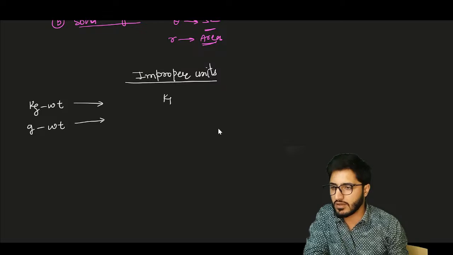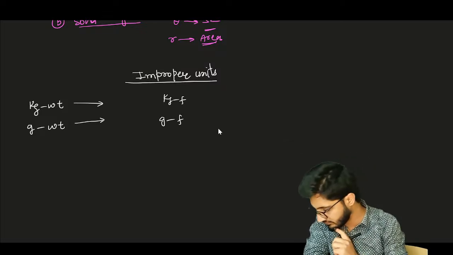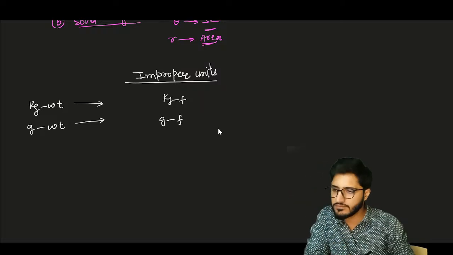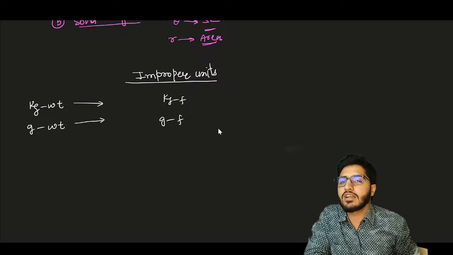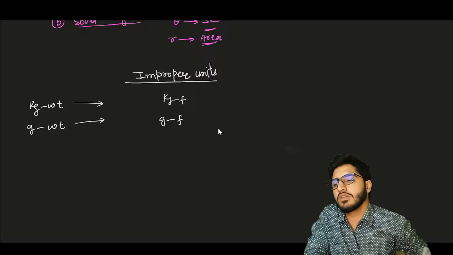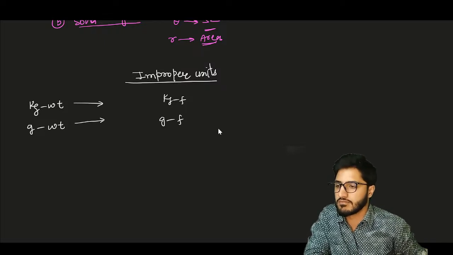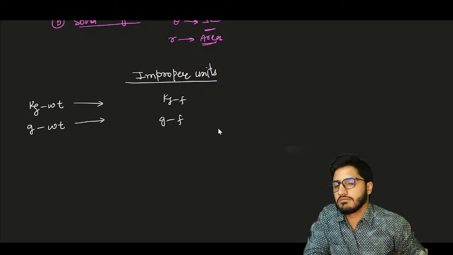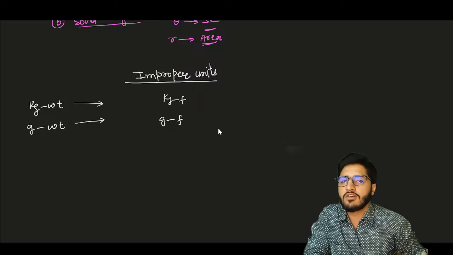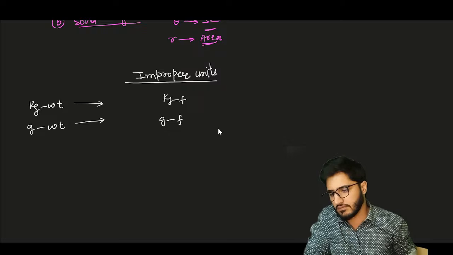Or we are having kilogram force or gram force. So these are practical units of force, right? Kilogram weight is 9.8 Newton, gram weight is 980 dyne. Just like kilogram force is 9.8 Newton, gram force is 980 dyne. Okay.